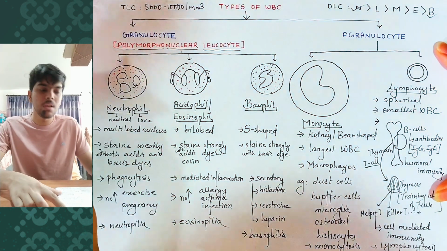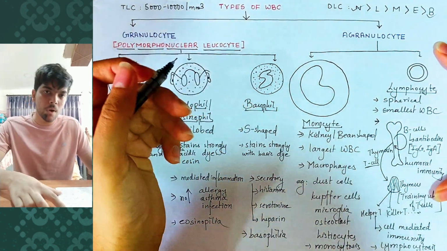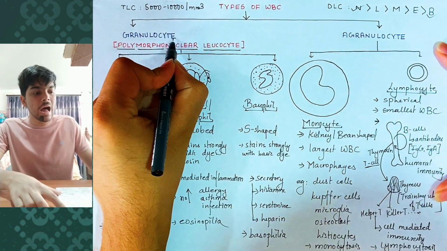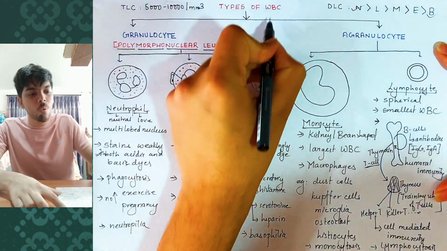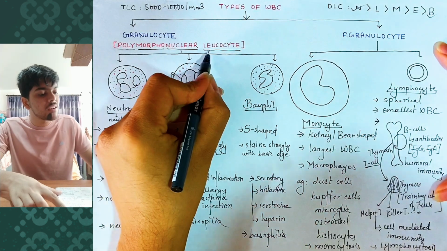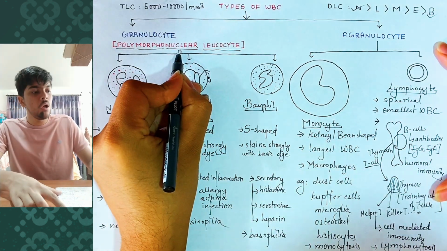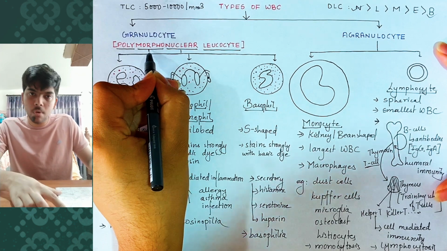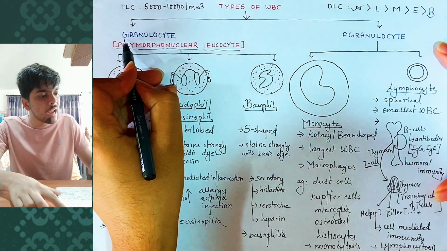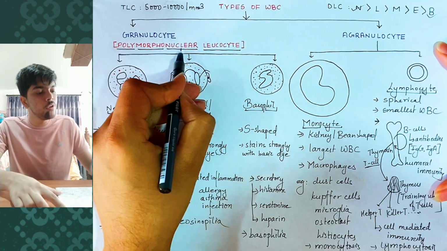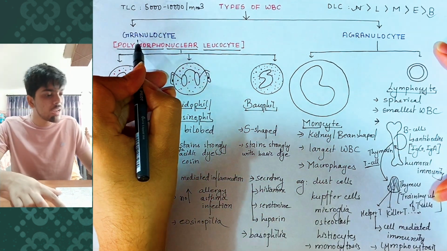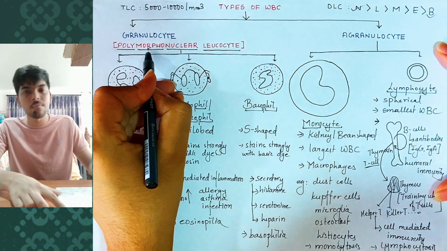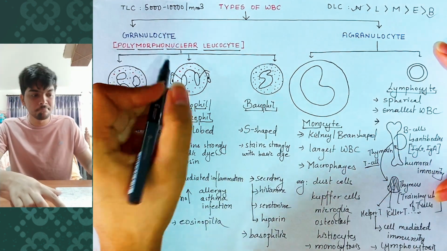Nuclear means nucleus. And leukocyte means white blood cell. So granulocytes are those leukocytes that contain a nucleus of multiple forms or morphology. That's why granulocyte is called polymorphonuclear leukocyte.